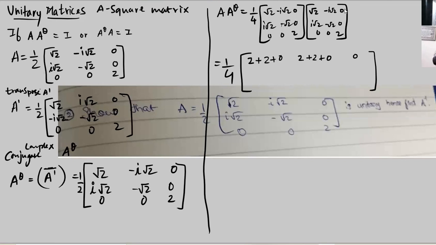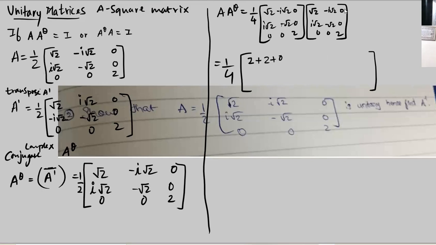Now similarly we take the second row into all the columns. In the first case we did first row into first column and got 2 plus 2 plus 0.